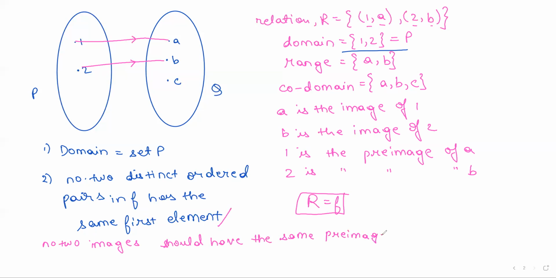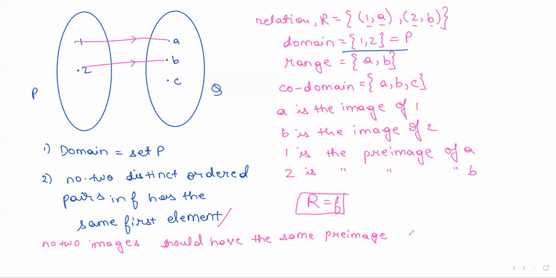These are the two conditions. Here, as you can observe, no two images have the same pre-image. The first pre-image is 1. 1 has only one image, A. It does not have any other image. 2 has only one image, B. It does not have any other image.